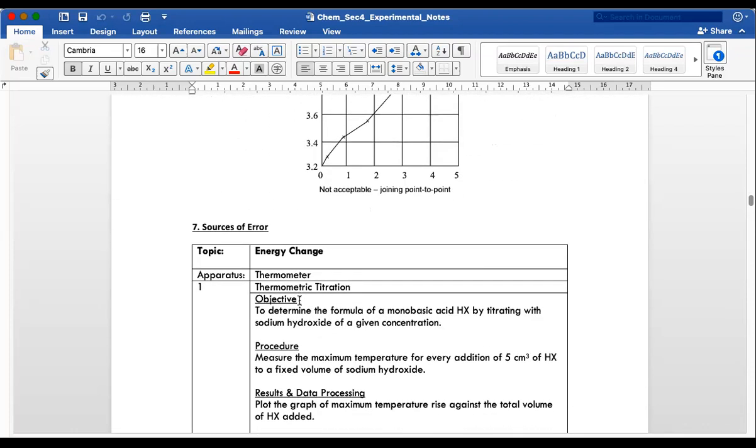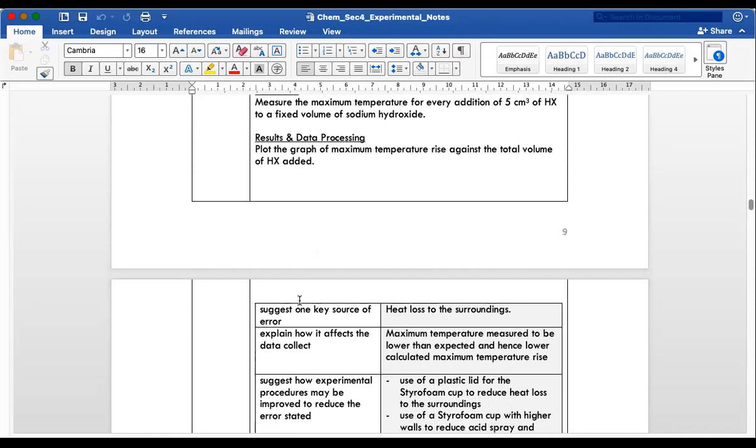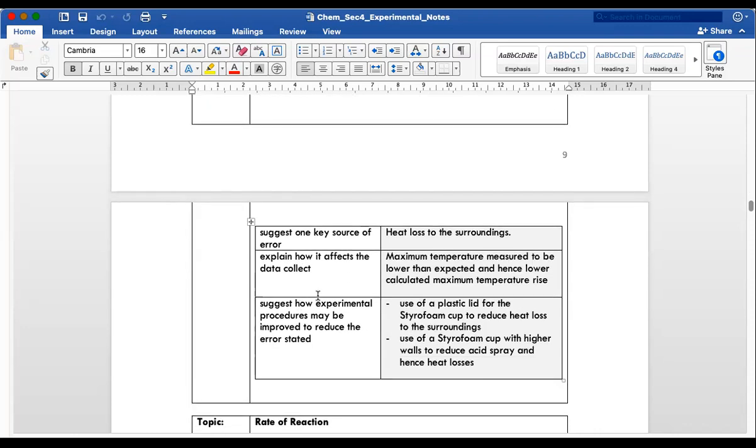Sources of error questions will definitely be tested in the practical exam. So what I did was a shortcut method, meaning I told them if it is on energy change involving usage of a thermometer, then the standard source of error will be heat loss to the surrounding. How it affects the data collected, they need to be very specific to say whether the temperature recorded is lower or higher than expected.